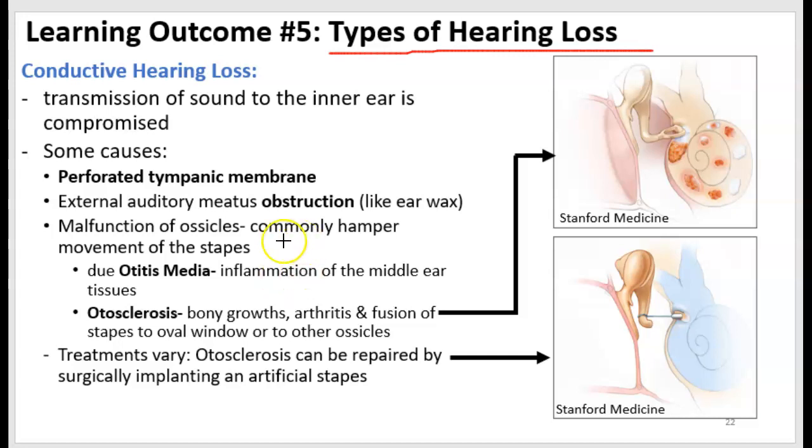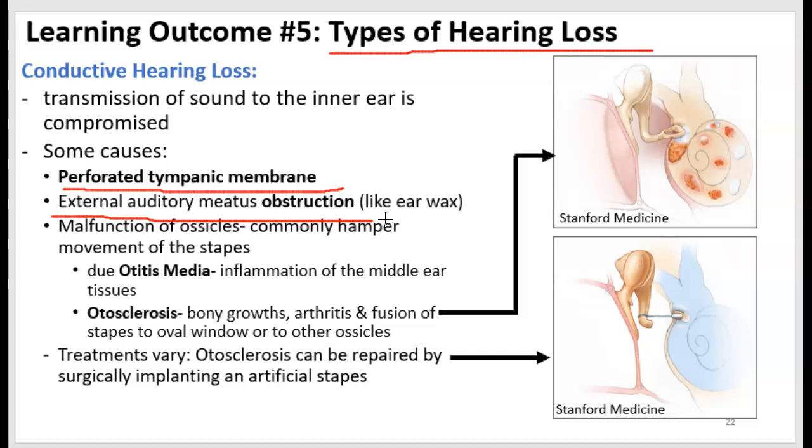So this can happen if the tympanic membrane has a hole in it, it's perforated, and so it doesn't vibrate correctly. It could also happen just due to plugging the external auditory meatus, so the sound wave can't even reach the tympanic membrane, like earwax, but that would be an awful lot of earwax. Okay.